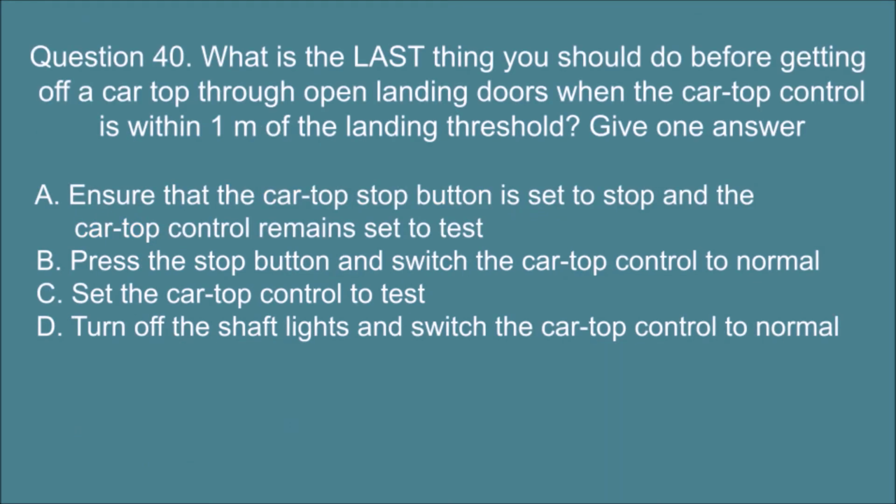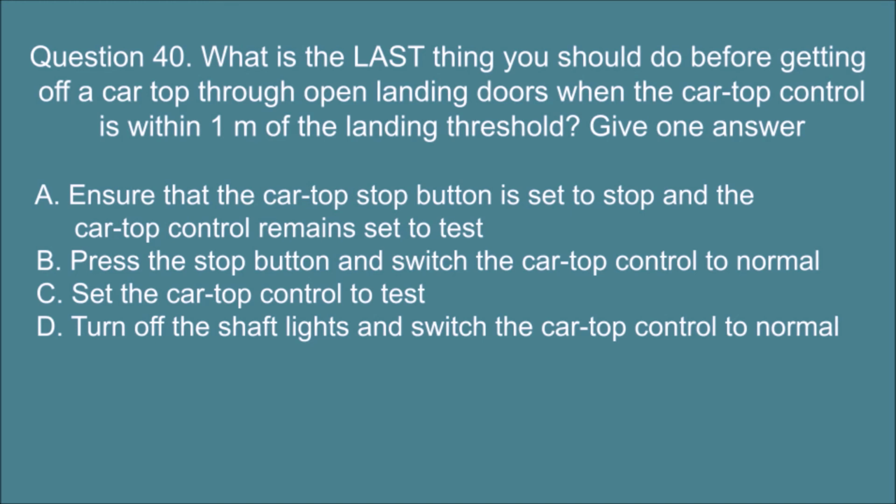Question 40. What is the last thing you should do before getting off a car top through open landing doors when the car top control is within 1 meter of the landing threshold? Give one answer. A. Ensure that the car top stop button is set to stop and the car top control remains set to test.